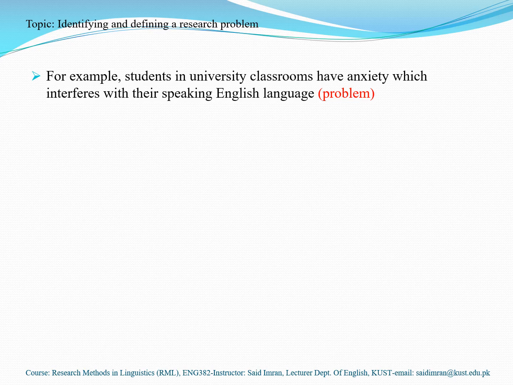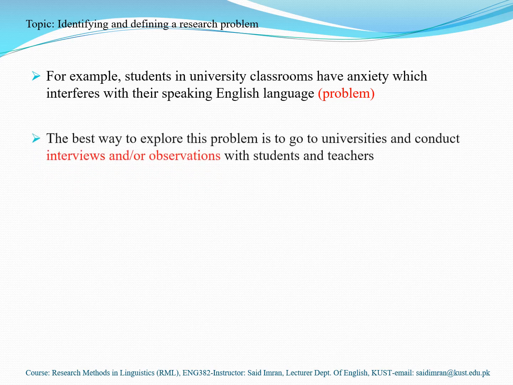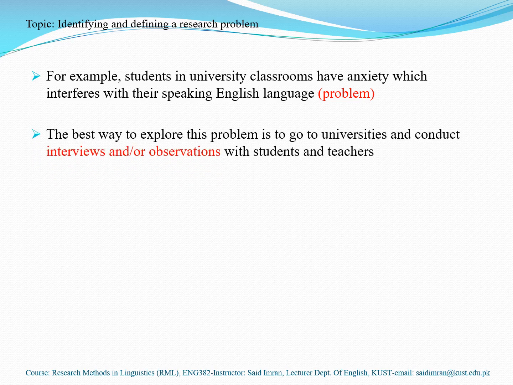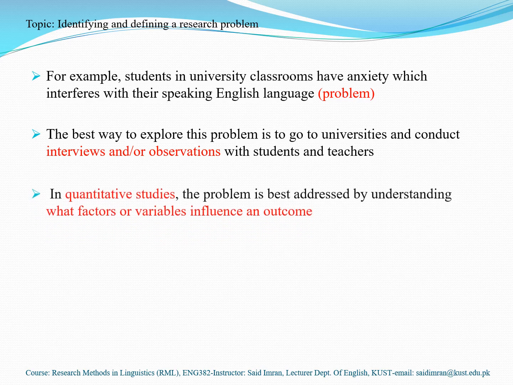Now, this problem, this challenge would require the teacher researcher to go to universities and conduct interviews and or observations with students and teachers. So this is how you would be able to explore it.